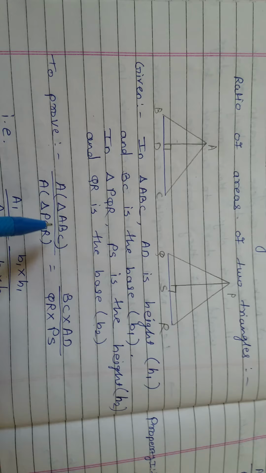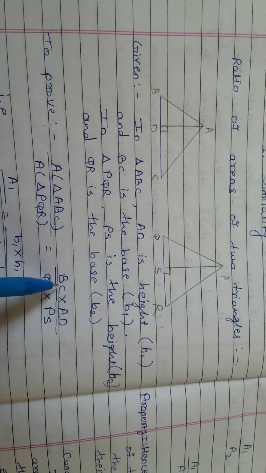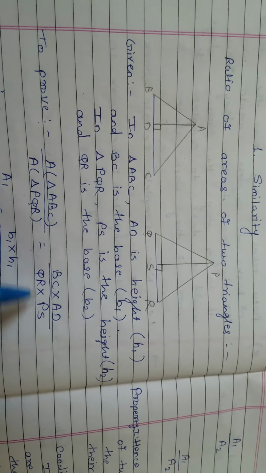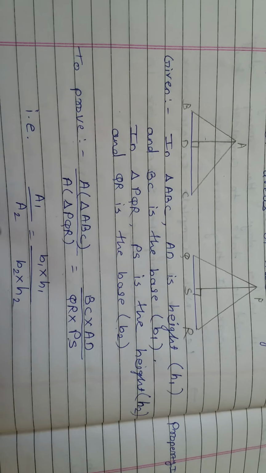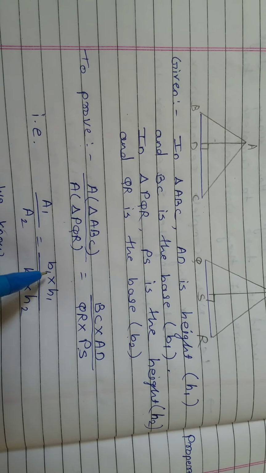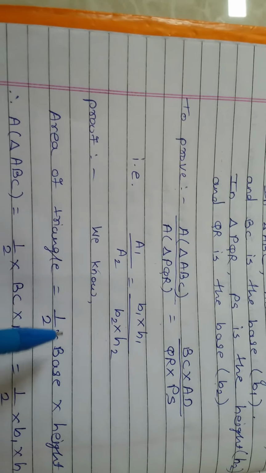Now we have to prove that the ratio of areas of these two triangles is equal to the ratio of the product of their corresponding base and height. That means if the areas of these two triangles are A1 and A2, then A1 is to A2 is equal to B1 into H1 divided by B2 into H2. We have to prove that.